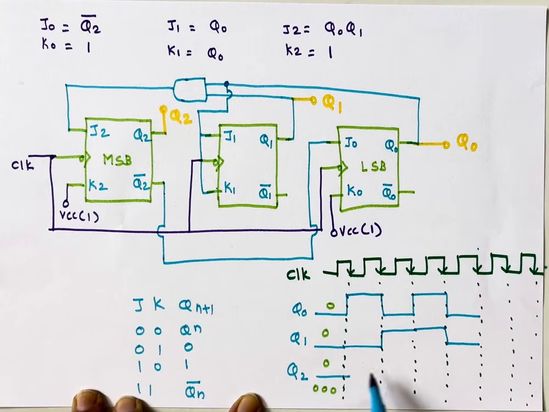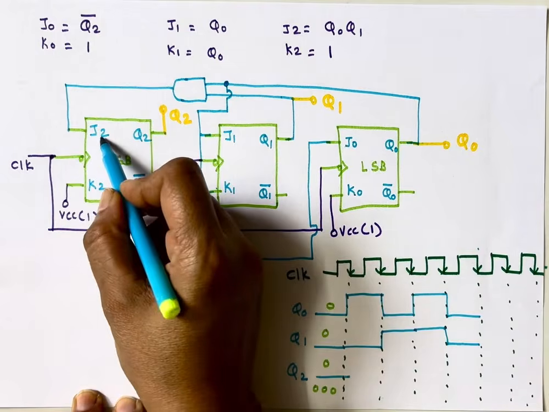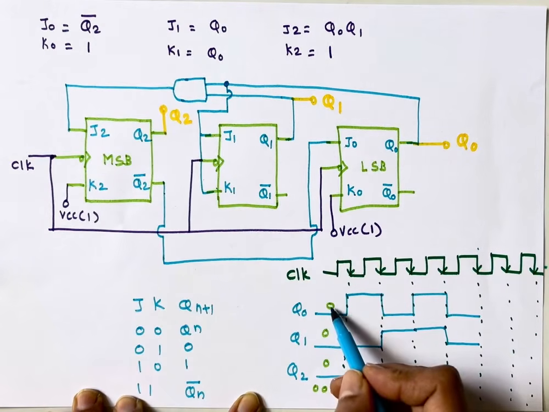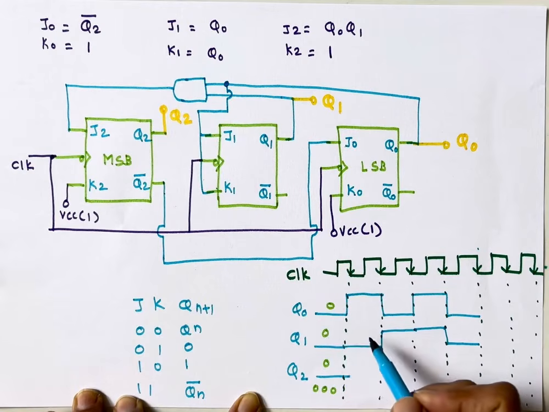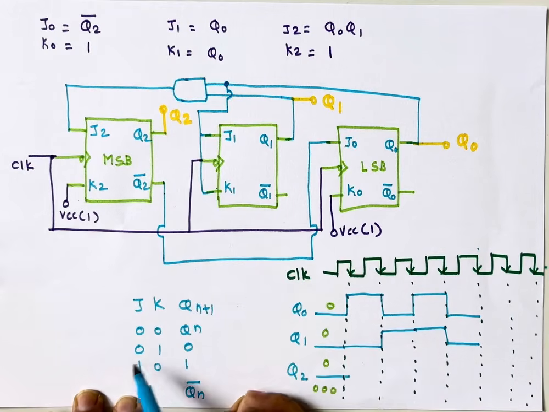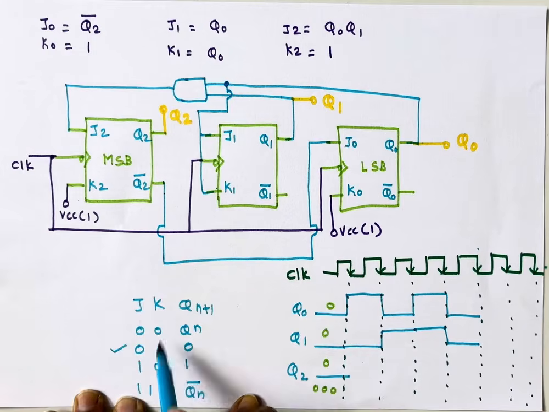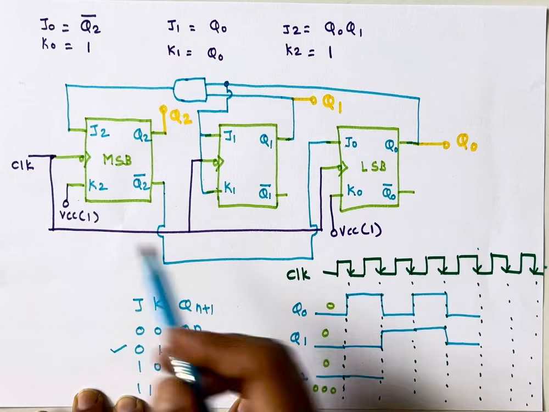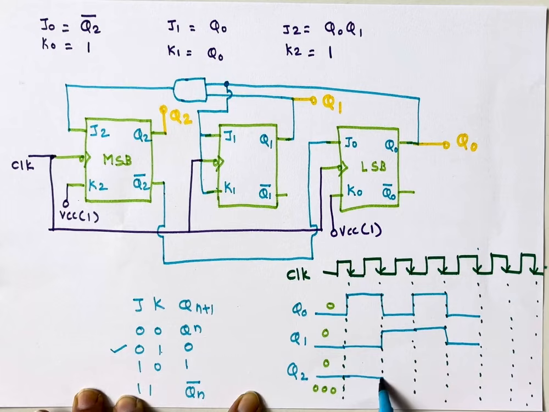Now for Q2, what is J2? J2 is Q1 into Q0. 0 into 0 is 0 and K is 0, so the output is 0. Here also 1 into 0 is 0 and K is 1. So for 0, 1 it is again 0.